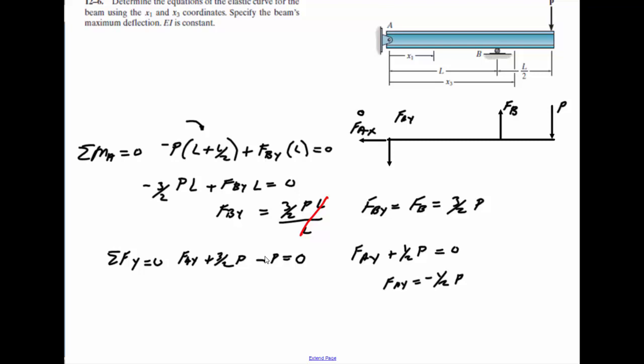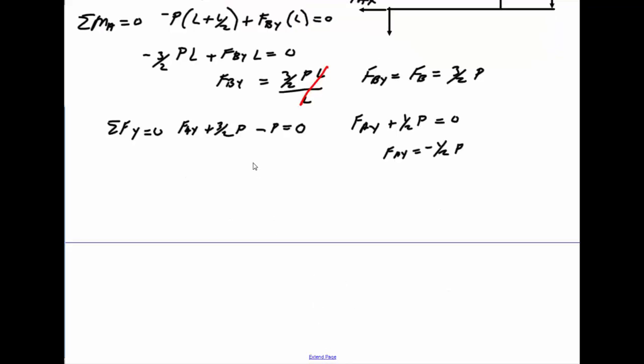Okay, now what we want to do here is go back to the definition that, I'll write this down, E, modulus, times I, moment of inertia, times the second derivative of the deflection with respect to dx squared, is equal to our moment of x.